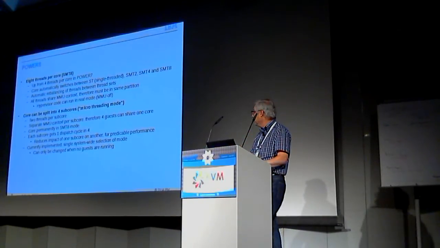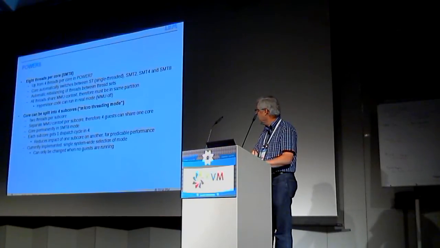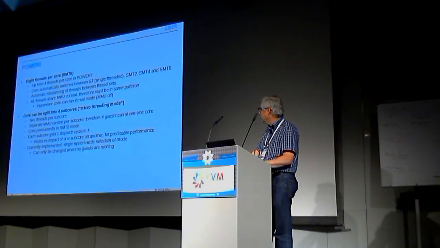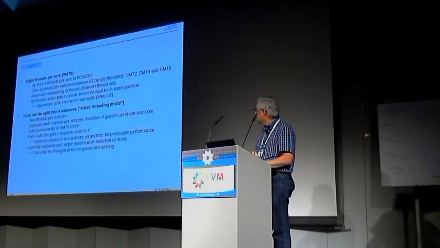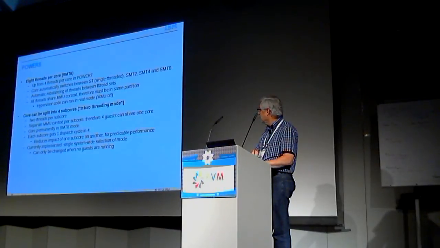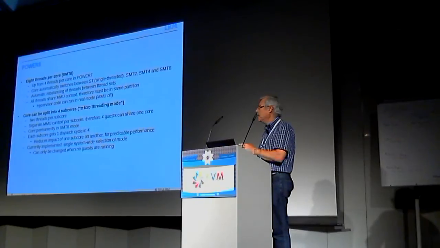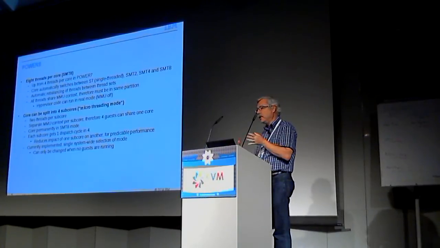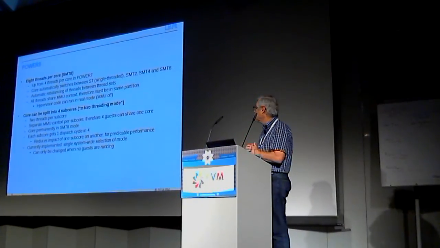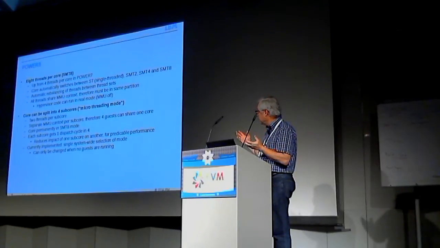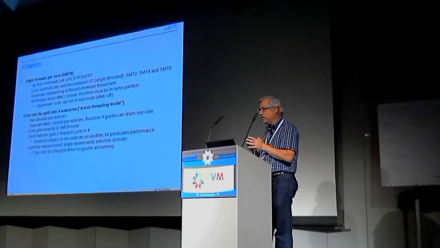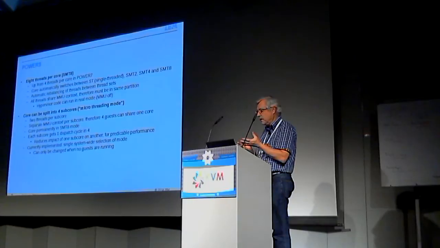Now, a new thing in POWER8 is that you can split the core into 4 subcores. So then you have effectively 4 cores. You have 4 MMU contexts. And so you can run up to 4 guests on the one core. And then each of those subcores gets 2 threads. So each subcore can either run 1 thread or 2 threads.